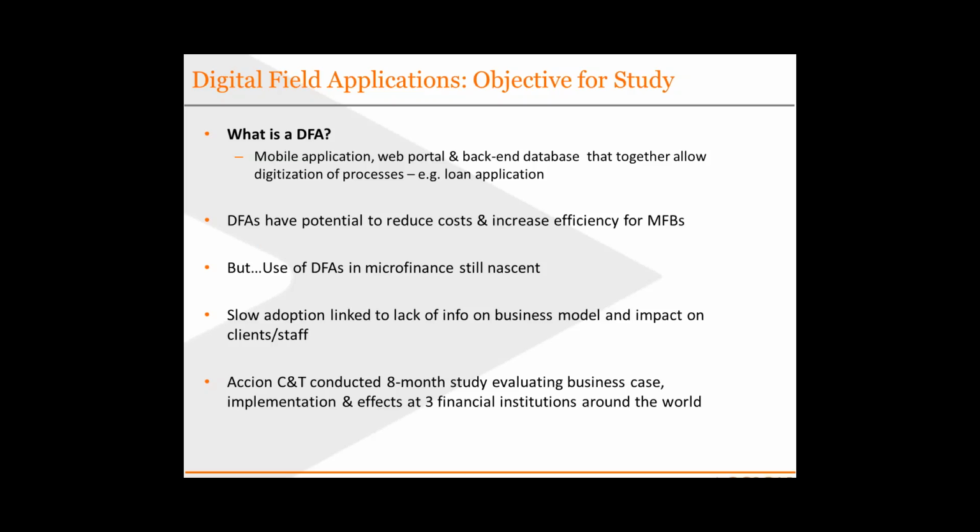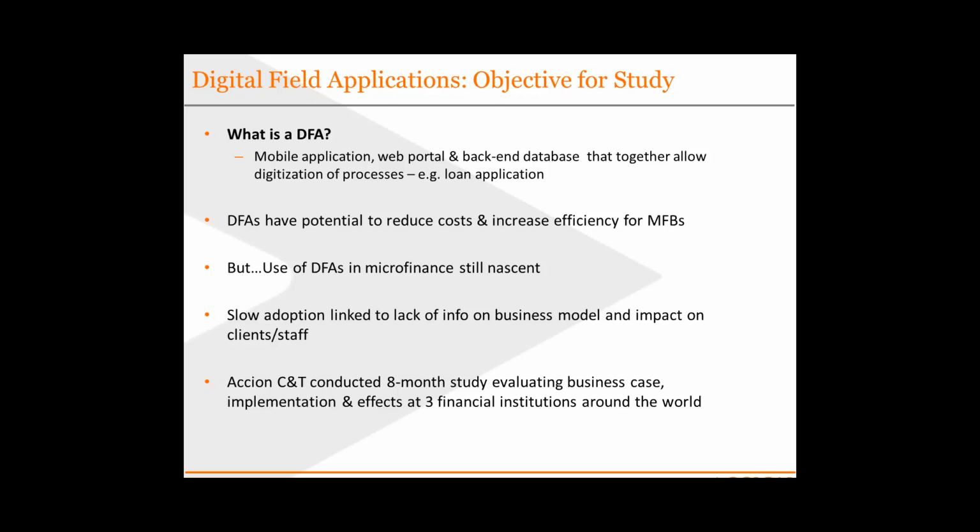So when we initially set out to do this study, we looked to find within our partner institutions examples of institutions that had implemented or were looking to implement, and we found that none were really ready or none were at this stage.